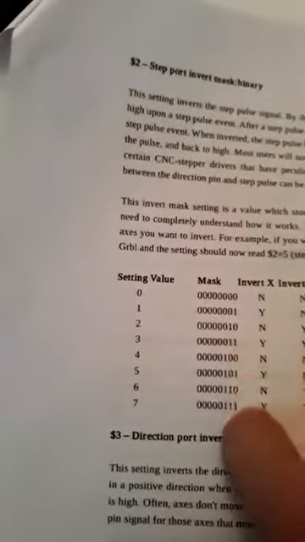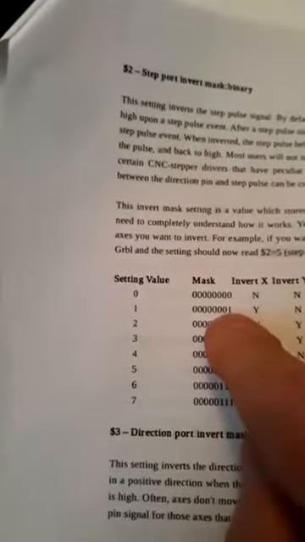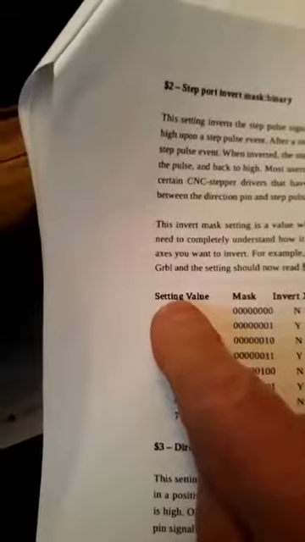It's actually just a binary number, which is 1. And it shows it to you right here. Here's 1, 2, 3 is 2 plus 1, and 4, and then 5 is 4 plus 1. That's binary, okay? So the setting value is 1.